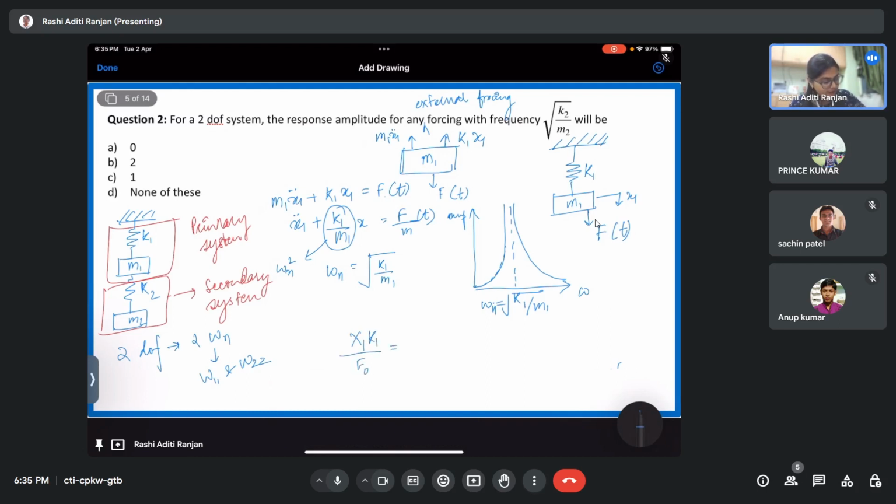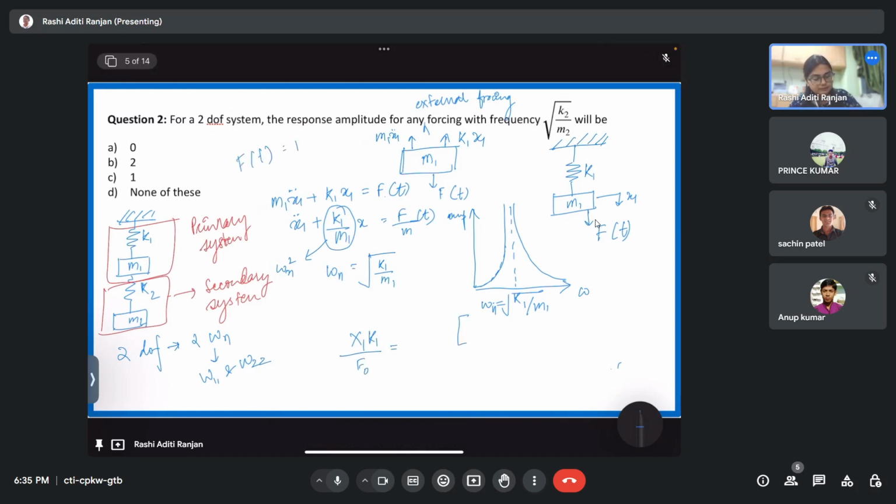It will be something like, now this is for if I assume my f of t is actually equal to f naught, let us say sine omega t. Okay, so my amplitude would come out to be 1 minus (omega by omega 22) square divided by, for this you can refer to any basic book of mechanical vibrations.